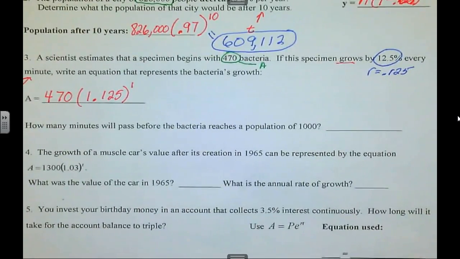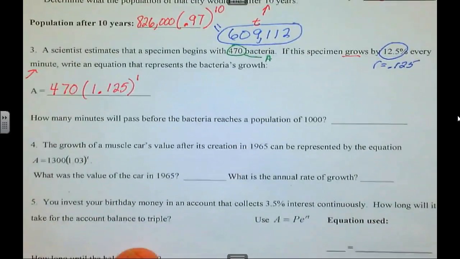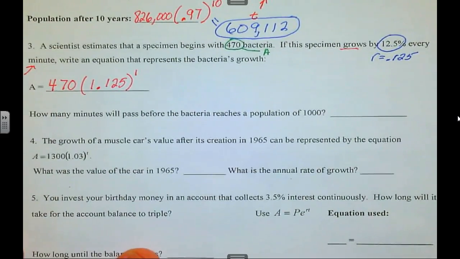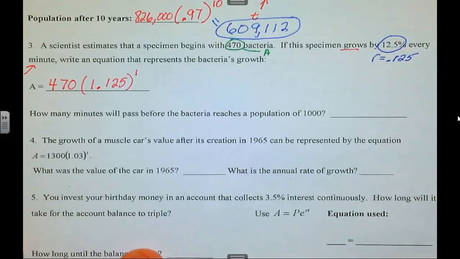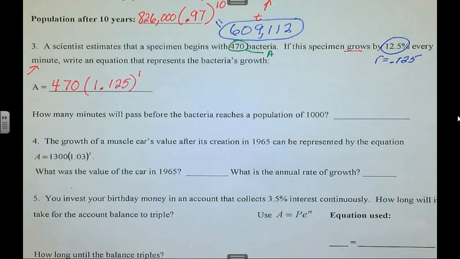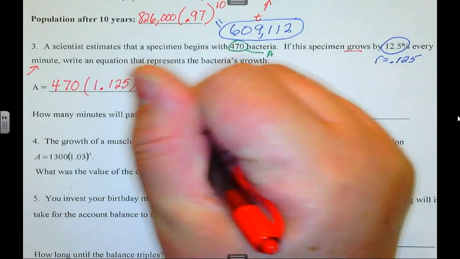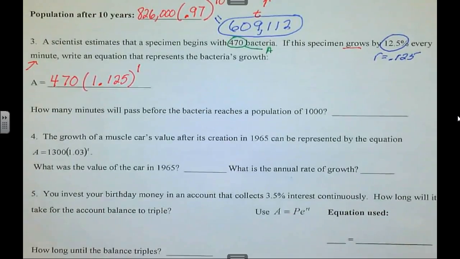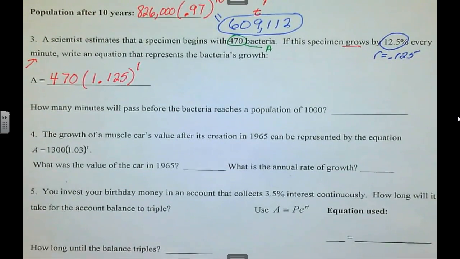Okay, how many minutes will pass before the bacteria reaches a population of 1,000? Where's that 1,000 going to be? So you're trying to find how many minutes, right? Where's that 1,000 going to go?